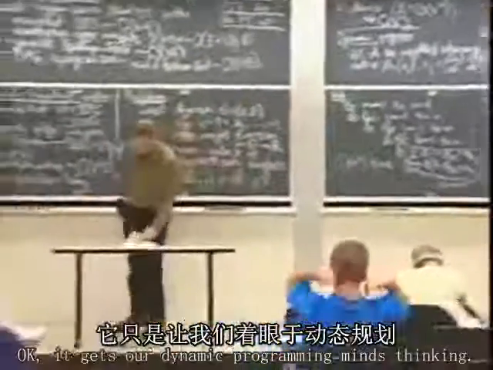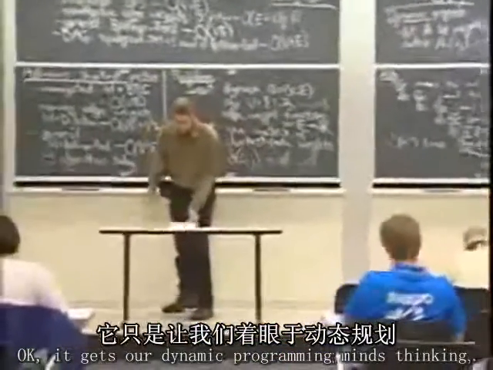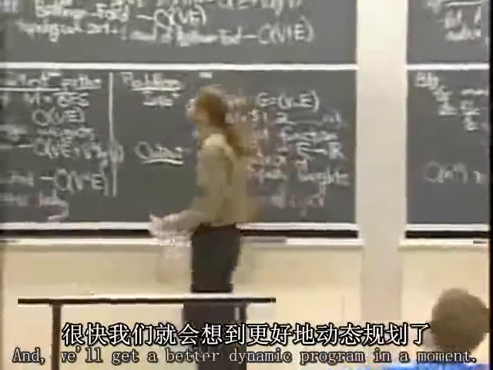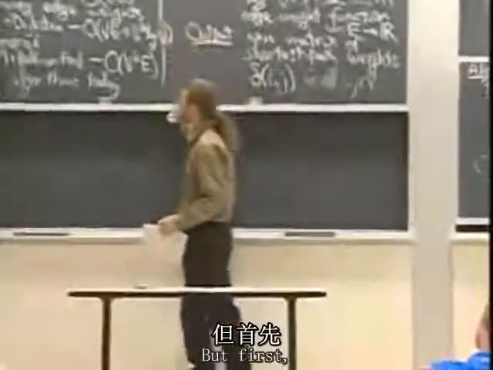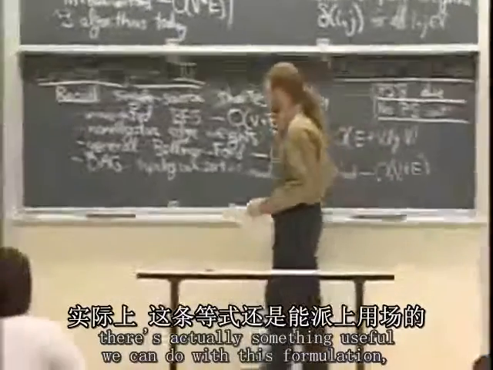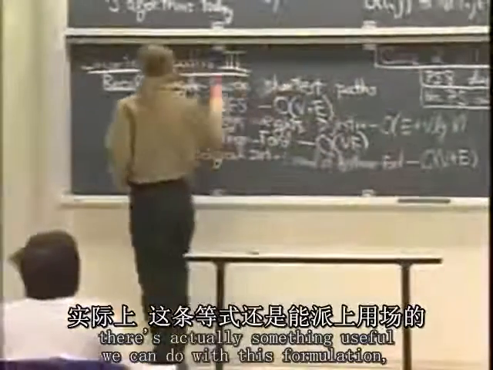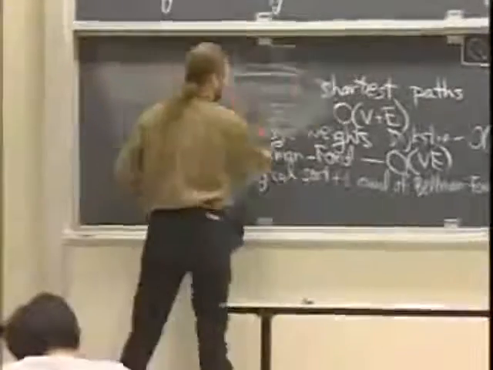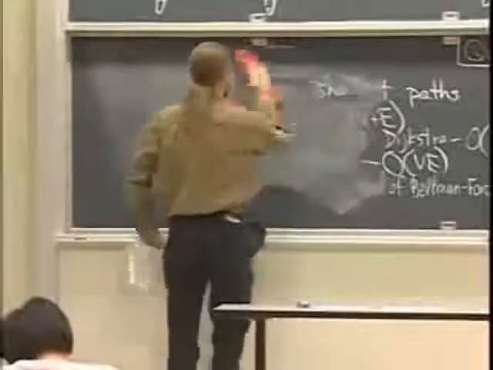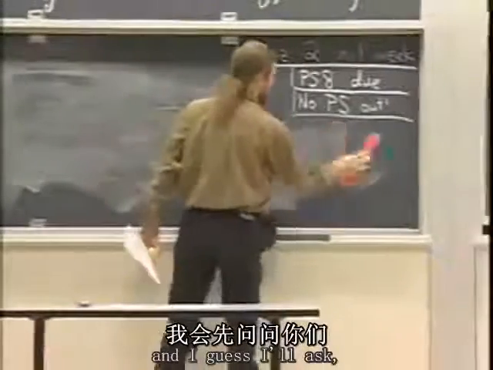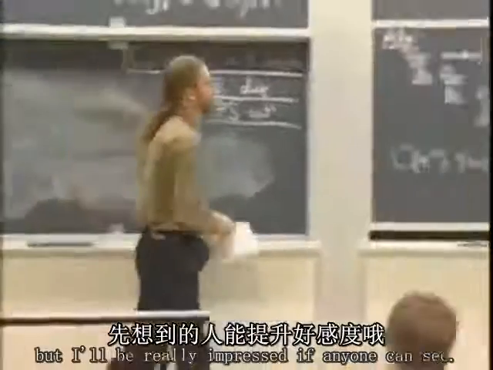Okay, it gets our dynamic programming minds thinking. And we'll get a better dynamic program in a moment. But first, there's actually something useful we can do with this formulation. And I guess I'll ask, but I'll be really impressed if anyone can see.